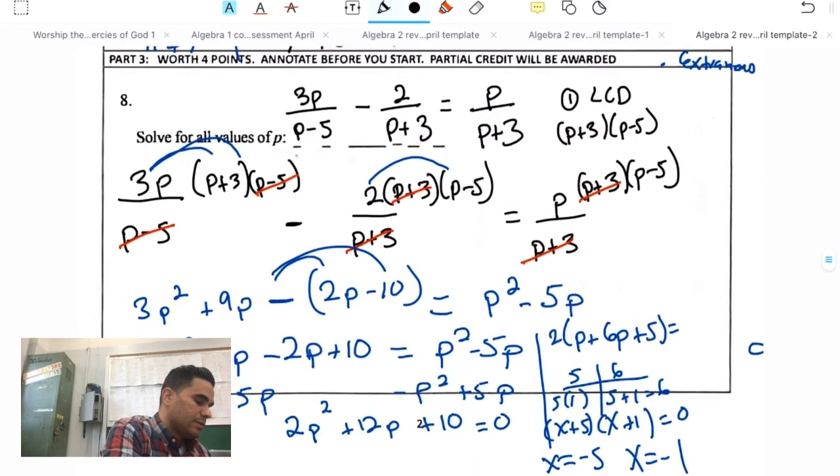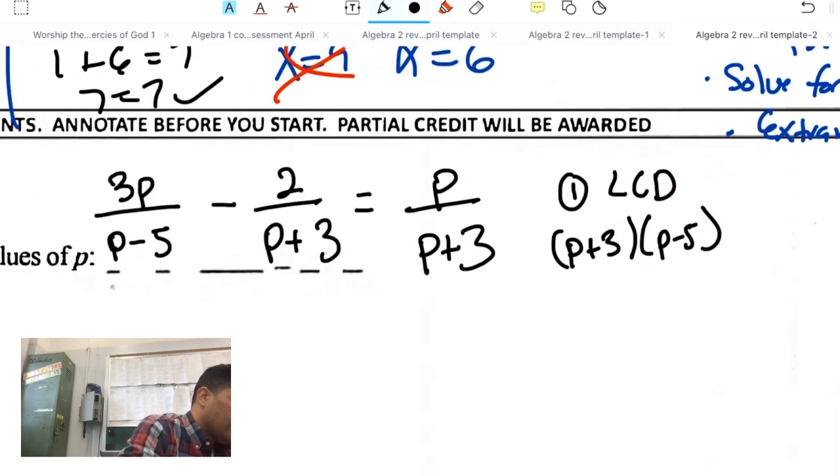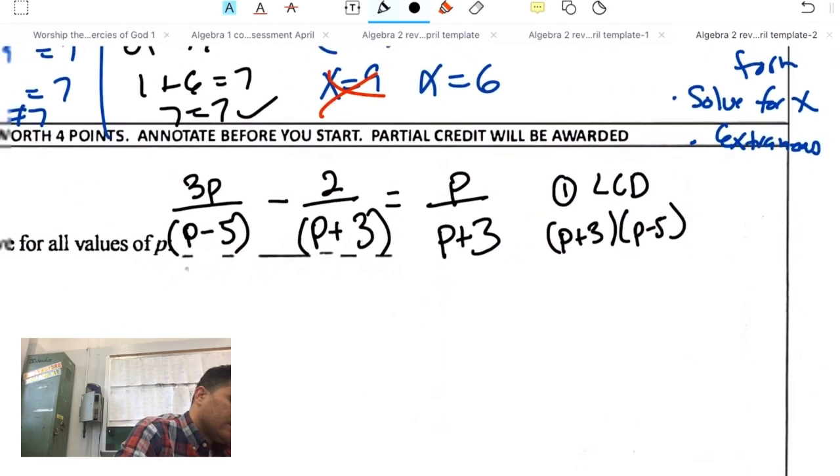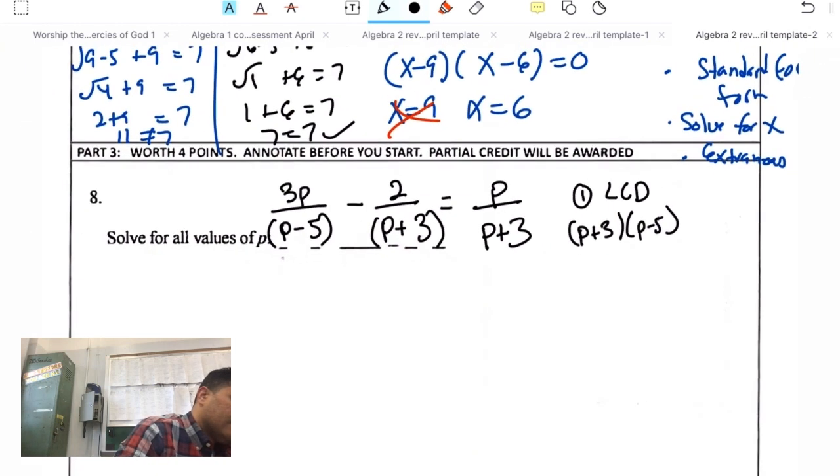Okay, let's go to this one here. B in this case is just combining the denominators and the numerators. Okay, so the LCD is going to be p plus 3, p minus 5, and then multiply each fraction by the LCD.